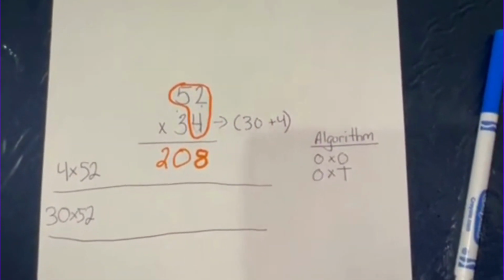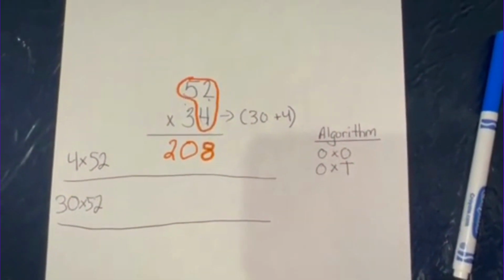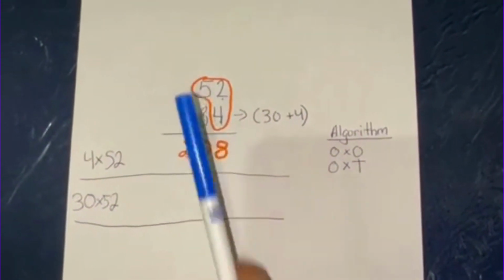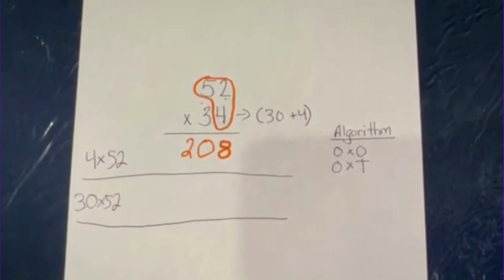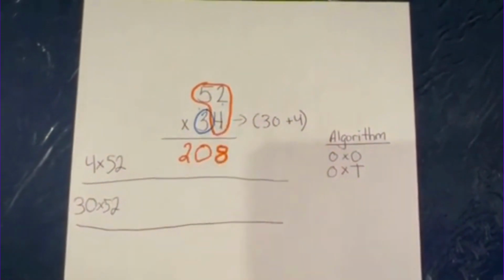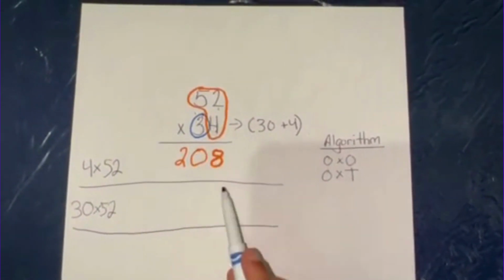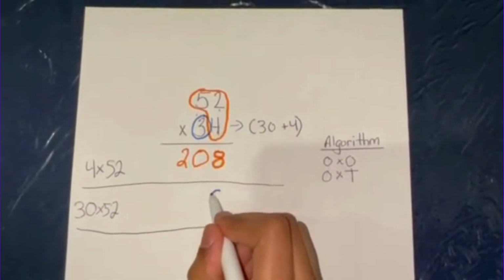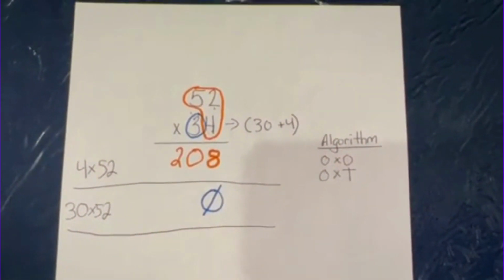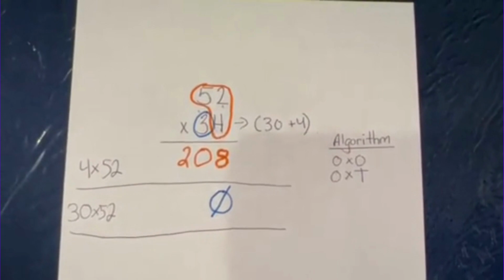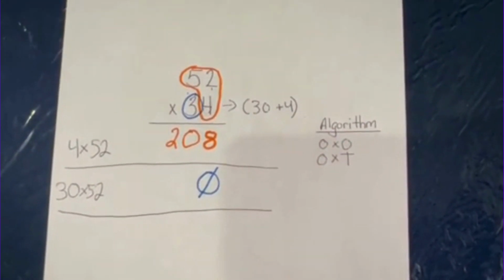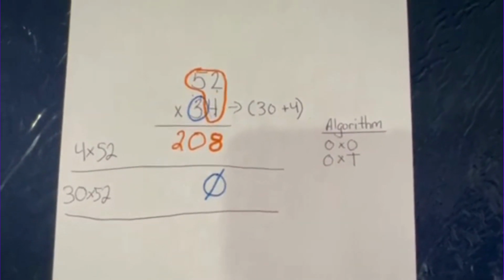So, now that we finished with doing the ones, now we are going to multiply the tens times 52. So I'm going to circle the 3 to know that that's what I'm doing next. Now, before we start multiplying, we actually need to put a placeholder in the ones place because 10 or any multiple of 10 times any other number will always have a 0 in the ones place.